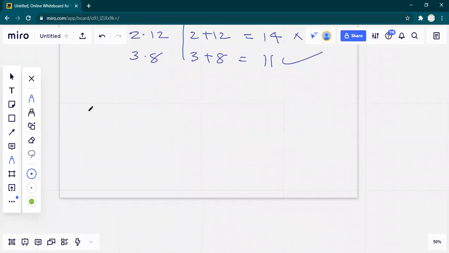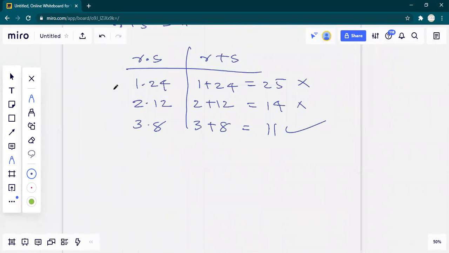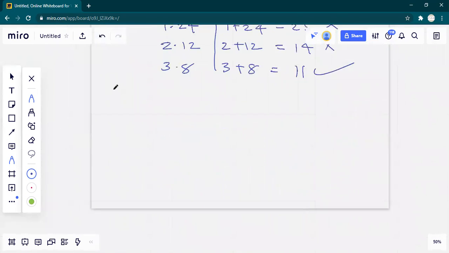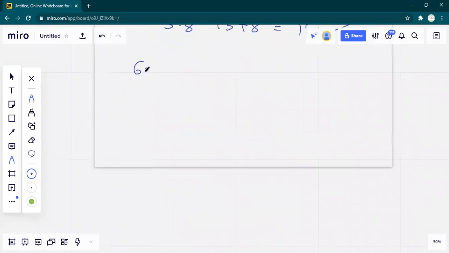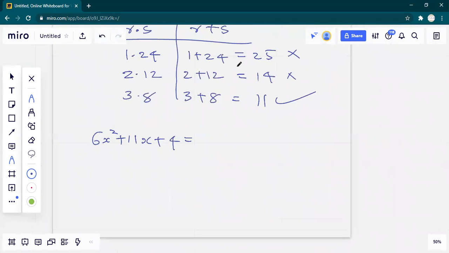So we can rewrite the original polynomial, 6x squared plus 11x plus 4, by splitting the middle term 11x as 3x plus 8x, because r is equal to 3 and s is equal to 8.